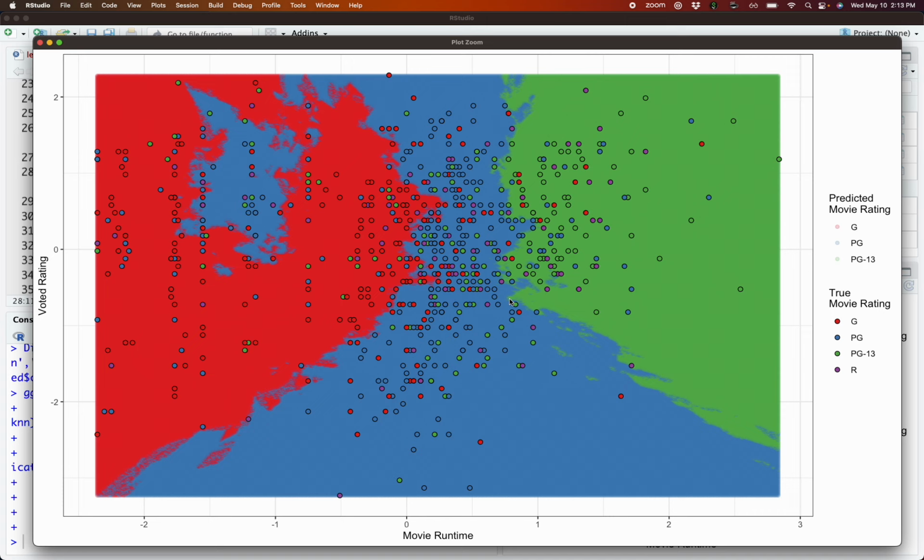But with a KNN, it's totally non-parametric, and it is just looking at the closest points.